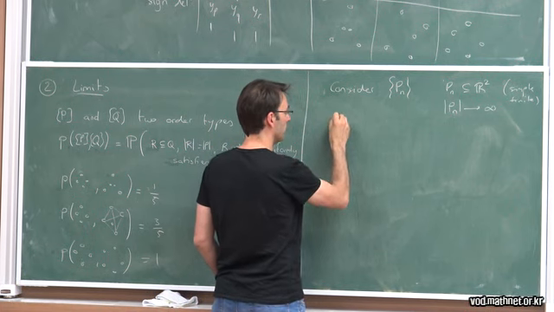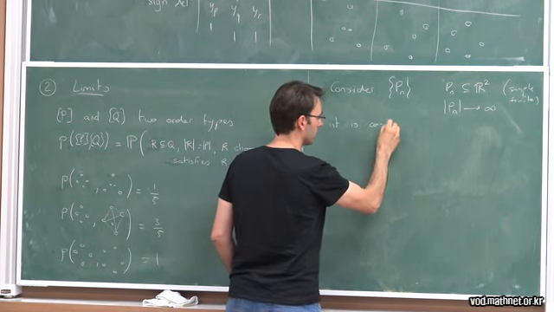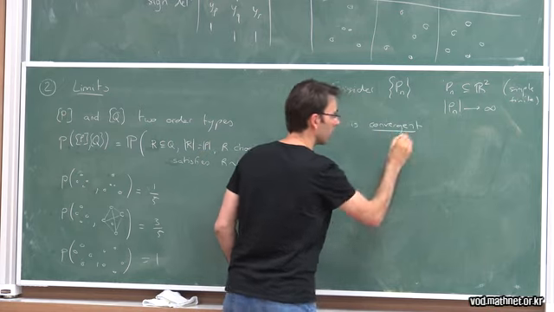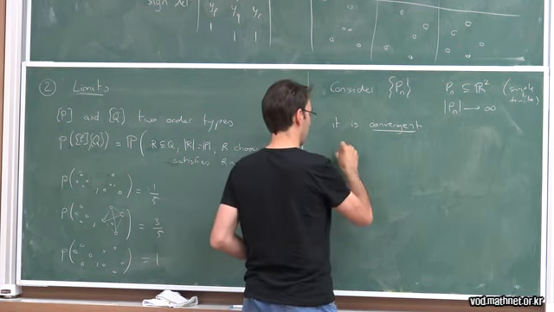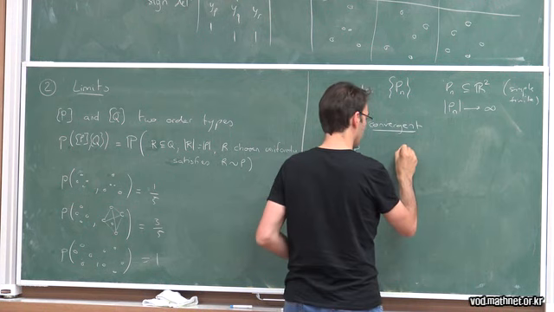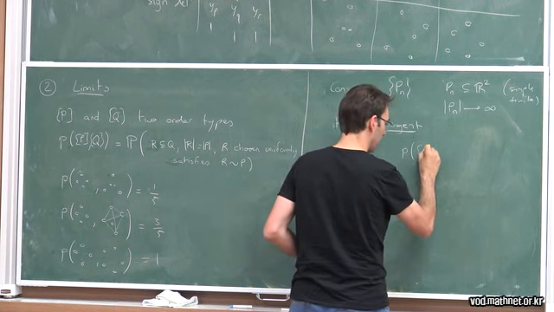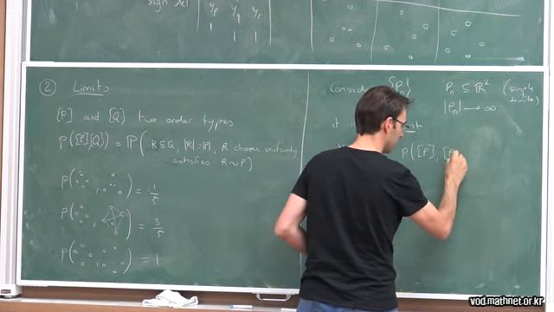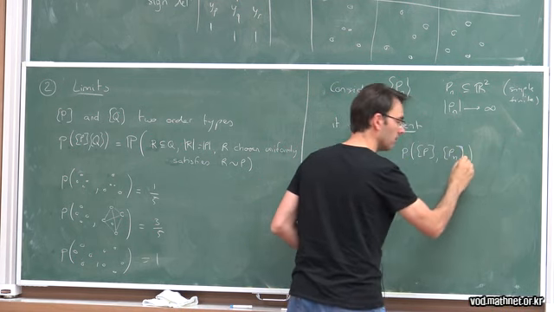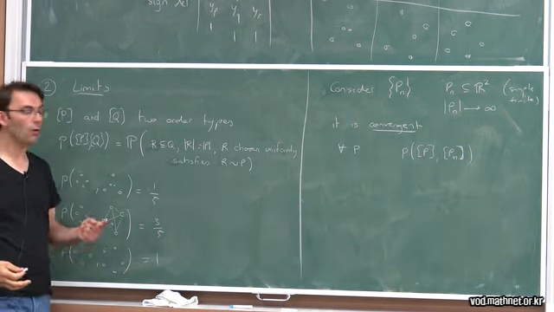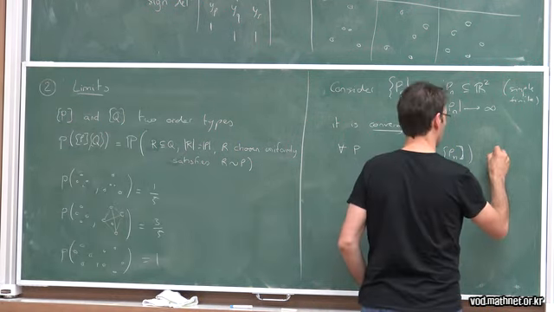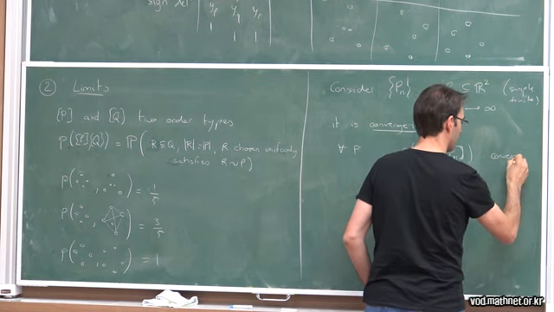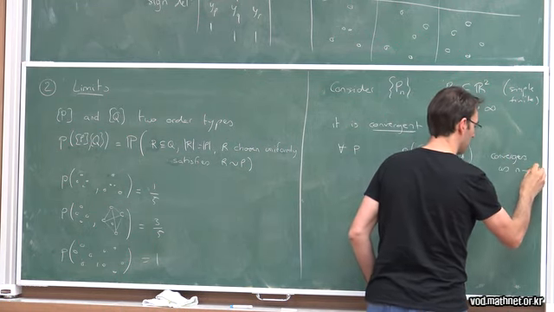It is convergent if, for any order type P, I can look at the sequence of the density of the order type of P in the order type of Pn, and if all these sequences converge as n goes to infinity, I call my sequence convergent.